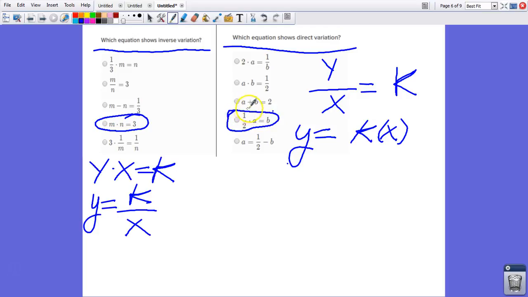It's going to be this one where we have k. So they just wrote it backwards, like this instead of like this, okay? So they wrote it with b equals a times your k, and there's that direct variation right there. So just be careful when you're going through your questions that you're reading them and know which one it wants.